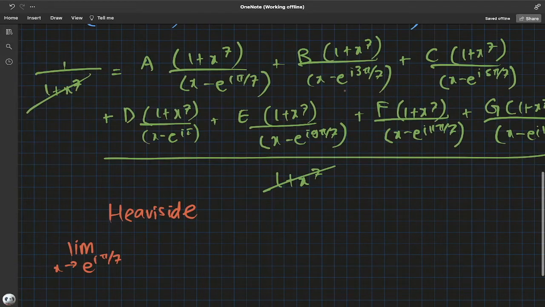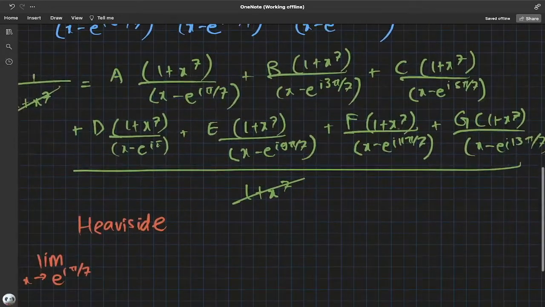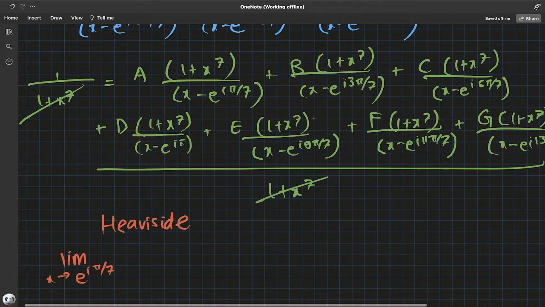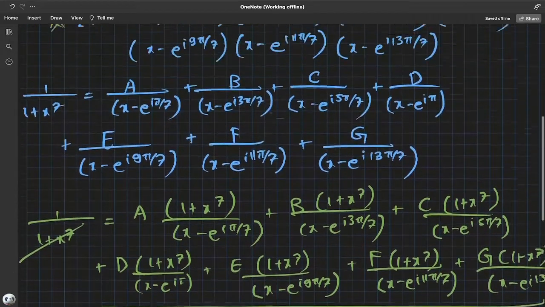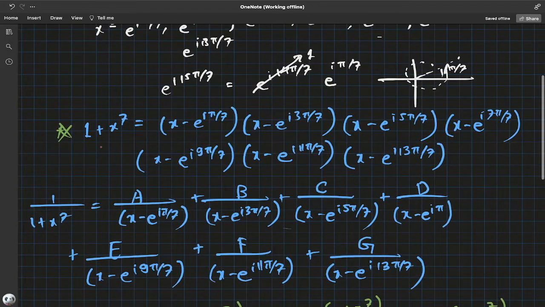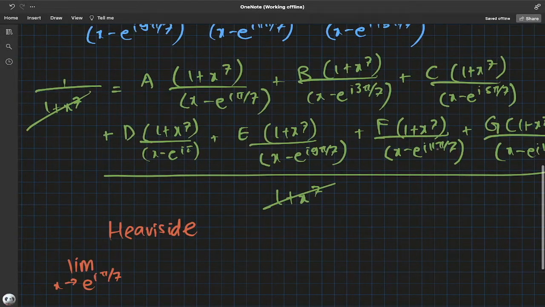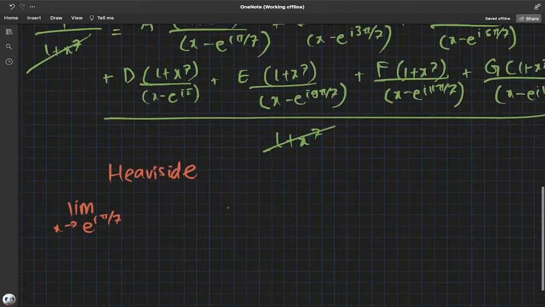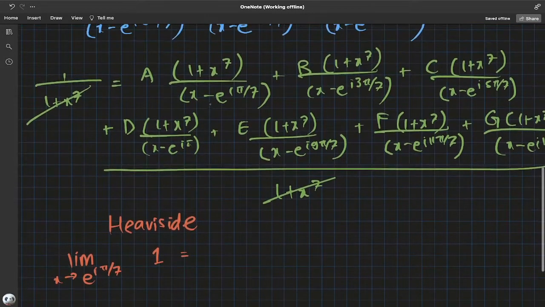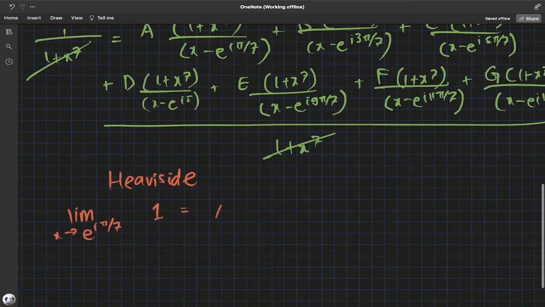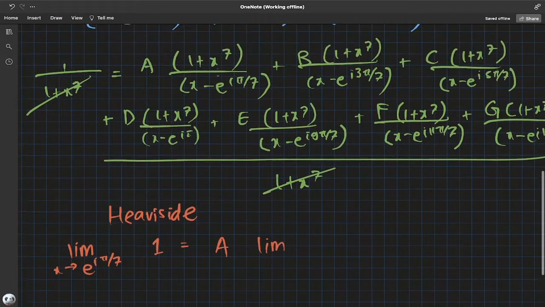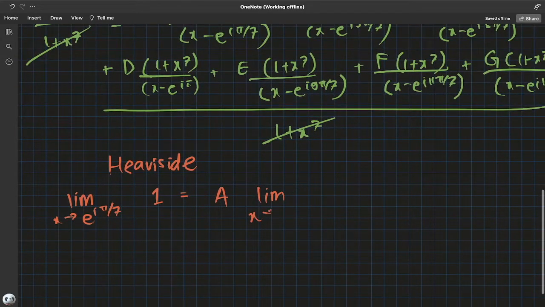When I do that, notice the denominator is non-zero for B, C, D, E, F, and G, while the numerator is zero because this, as we indicated above, is a root according to this green star factorization. So all of these other things except A will go to zero, but for A, we need to take the limit for this first factor.